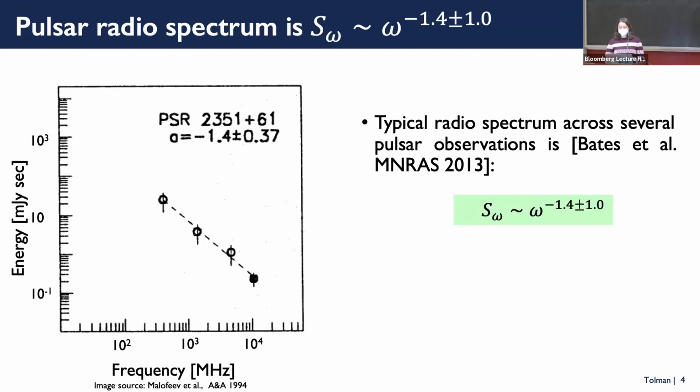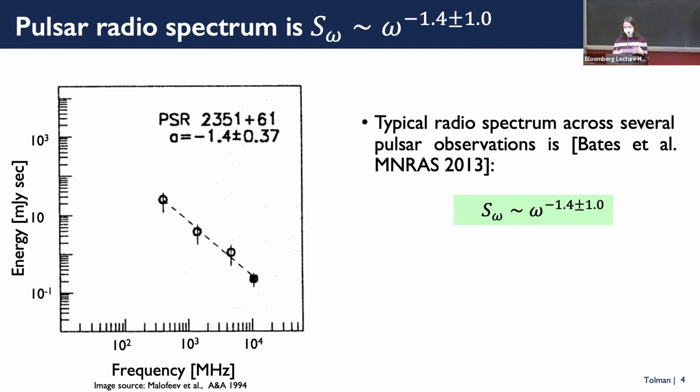Another aspect of the radio emission that people are interested in understanding is the spectrum. On the left side of this slide, you see an observation of one particular pulsar, where along the x-axis you have the frequency of the emission being observed, and along the y-axis you have the energy at that frequency. You can see that this pulsar has a spectrum with an index of roughly -1.4.